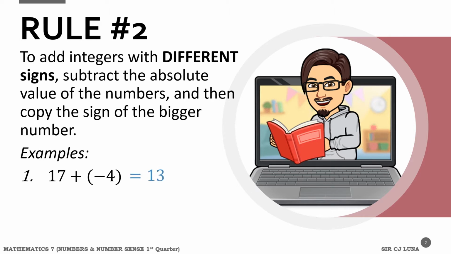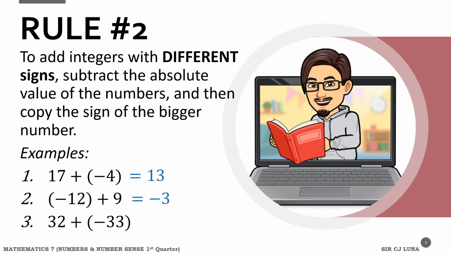Therefore, the answer is positive 13. Okay? Number 2. Negative 12 plus 9. So, subtract 12 and 9, you will get 3. And the bigger number is 12. And the sign of 12 is negative. So the answer is negative 3.